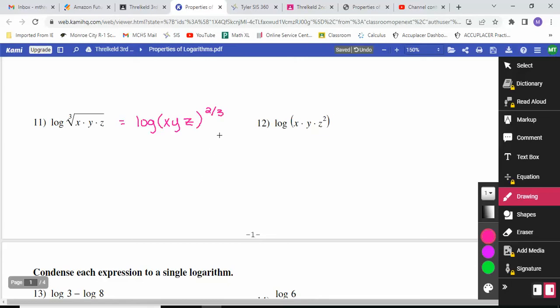So I could write that as a 2/3 power. Then where would I put that? Front. So we have 2/3 times the log of those 3 things.